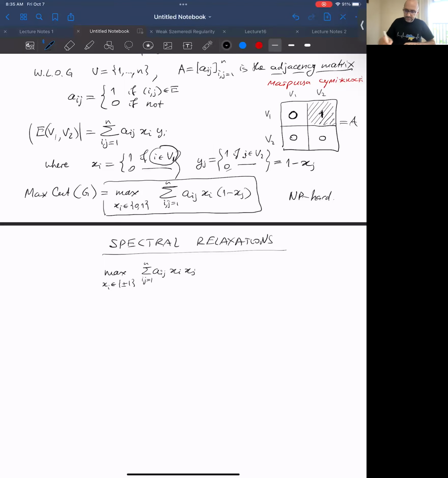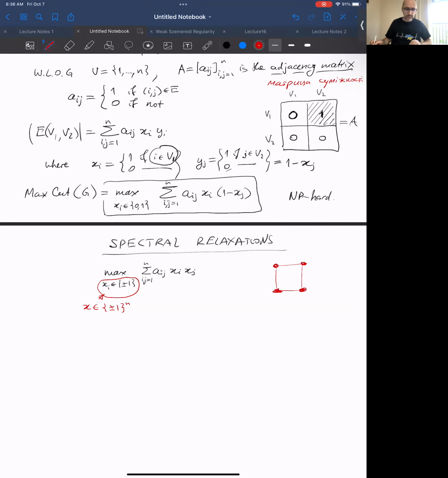The main problem here, or one of the main problems, is that it is of combinatorial nature, that the set is very discrete. It's actually a Boolean cube. This means that x is in {plus or minus 1}^n, a vector full of plus or minus ones. It's a cube.